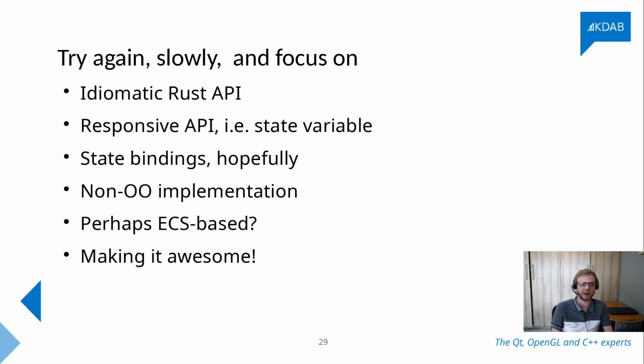Specifically, I'd like something like the modern frameworks like React.js or Flutter or things like that, which are responsive. So you've basically got these special variables, which are called state variables. And then whenever you update that state variable, everything just happens. Every node that referenced that state variable should know how to update itself in response to that variable being updated.